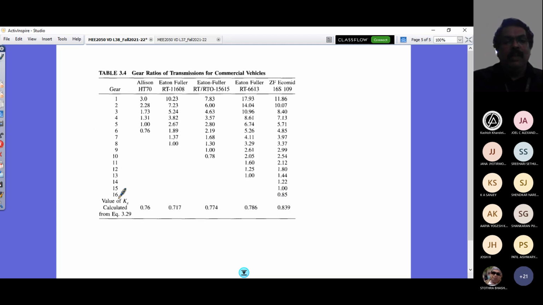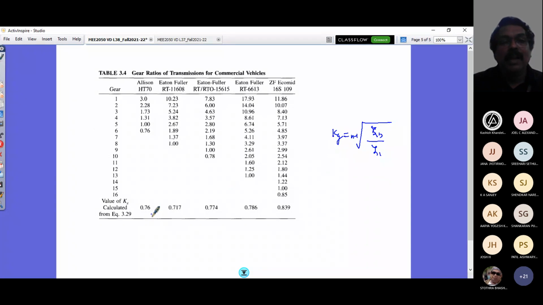The value of kg calculated from this equation is 3.29. What is that equation? It is only this: kg is obtained by the (n minus 1)th root of zeta n by zeta 1. So this formula is what is used to get this.